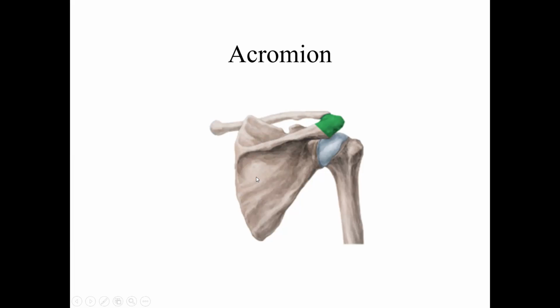And this would be the right scapula. This is the vertebral border for it here. This is the axillary border, but there's the medial end, the lateral end. So this is the right scapula.